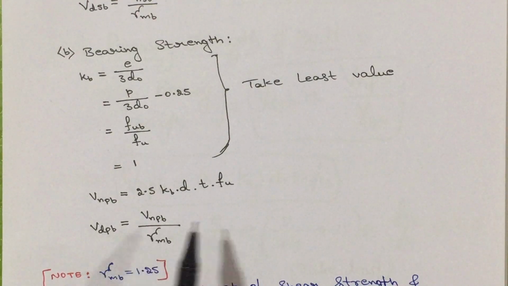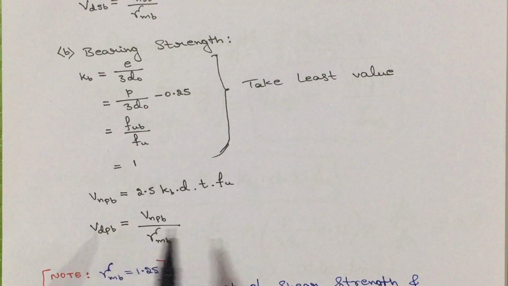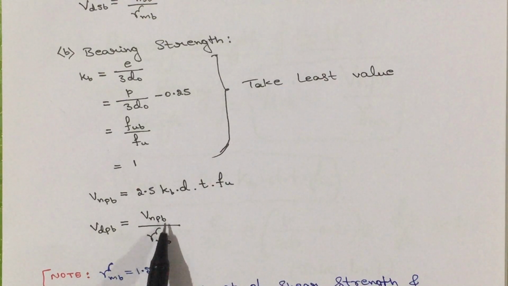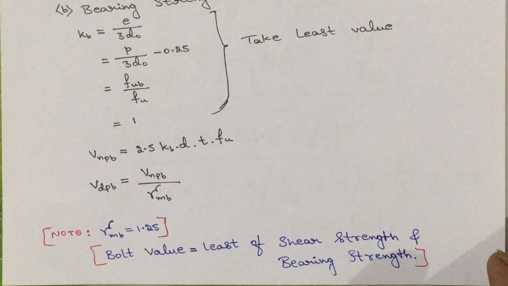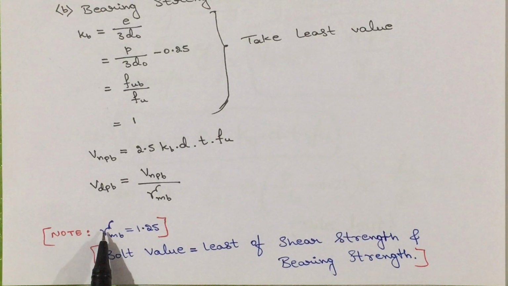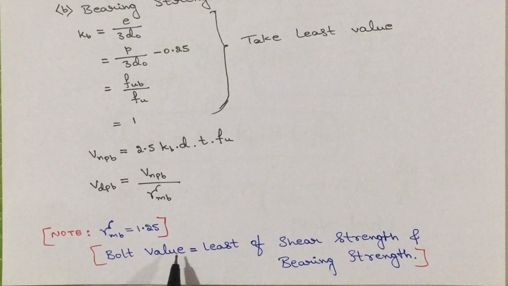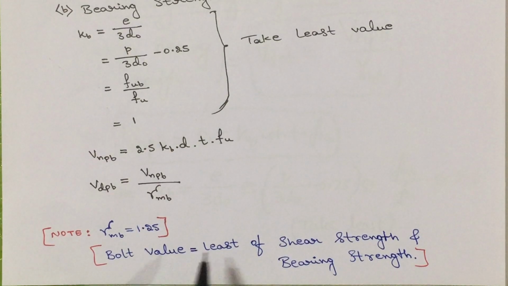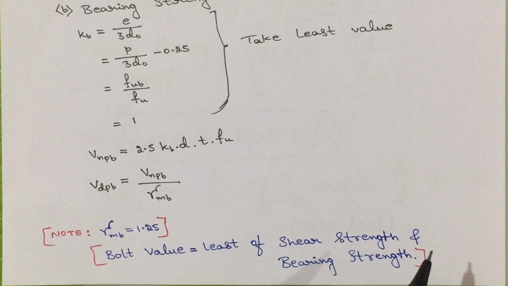Then Vdpb, that is design bearing strength of the bolt, is given by Vnpb divided by gamma mb. Note that gamma mb is the partial safety factor. We are going to take it as 1.25. Then the bolt value is the least value of shear strength and bearing strength.